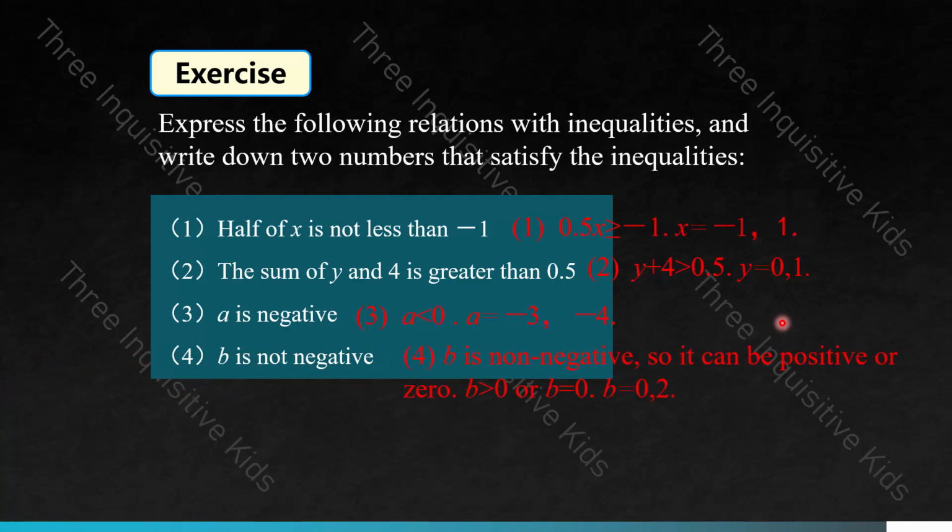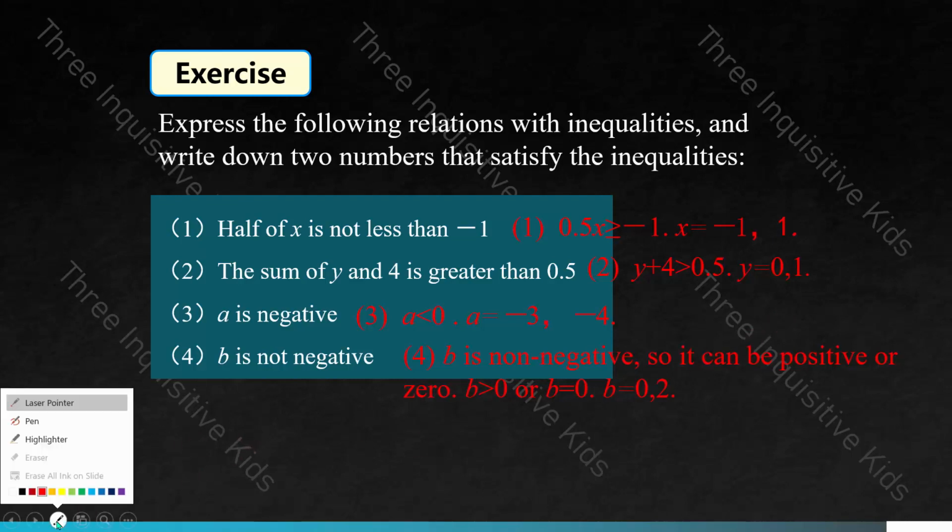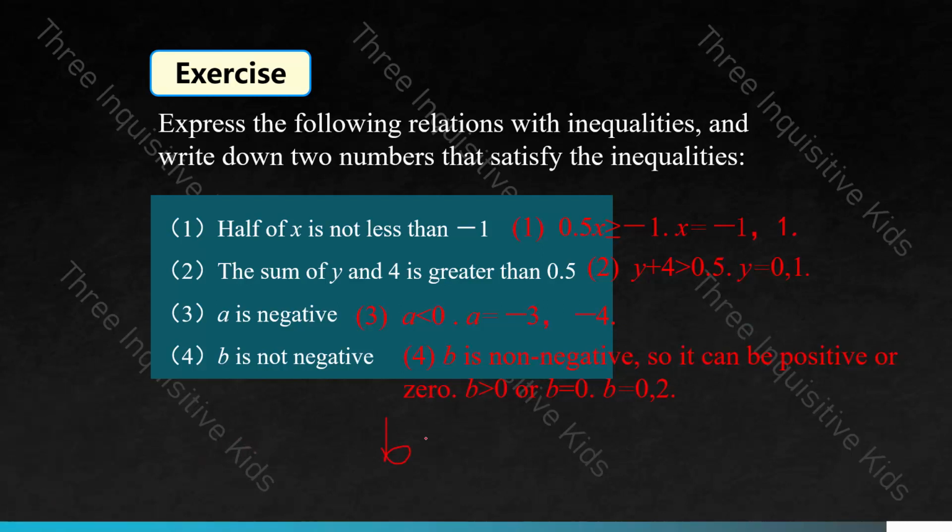Well, since B is non-negative, it can be either positive or 0, which means that B can be equal to 0 or 2. B is greater than 0 or B is equal to 0. So something else we can write is B is greater than or equal to 0. That's just combining both of these expressions in one.